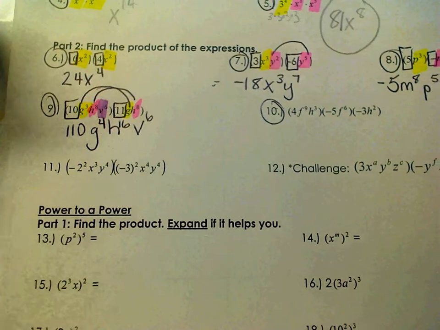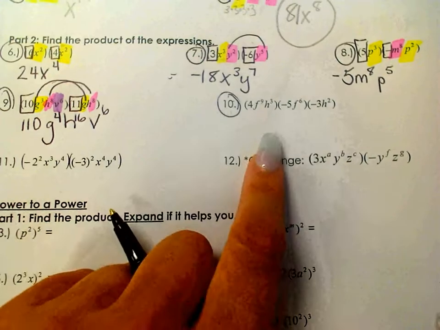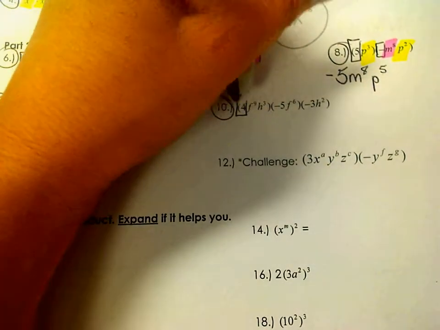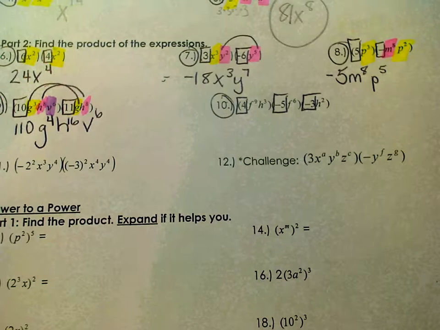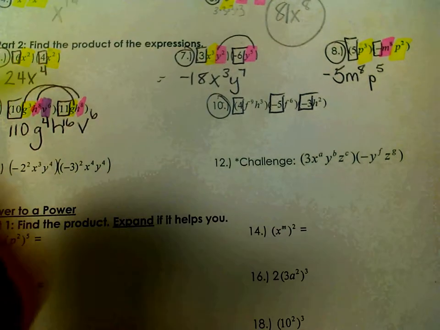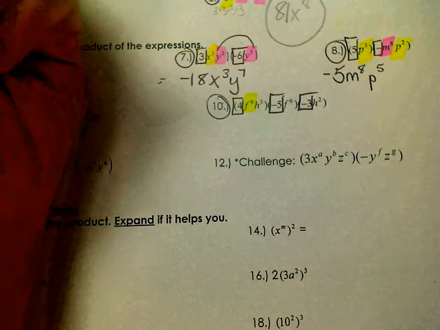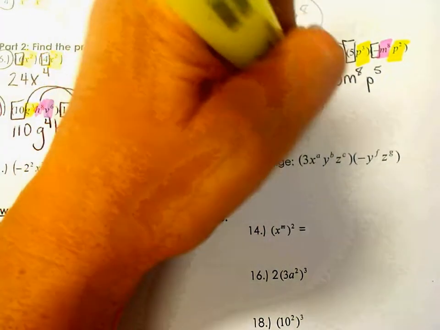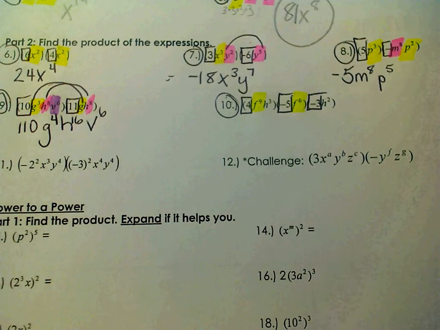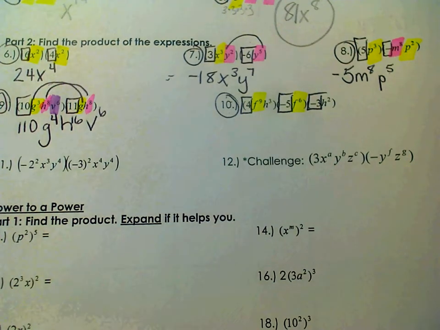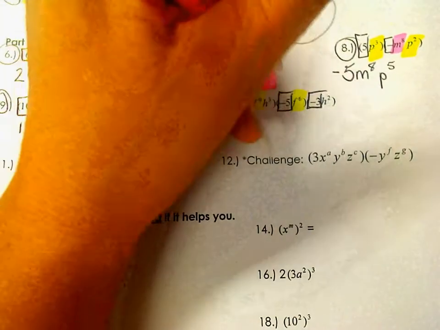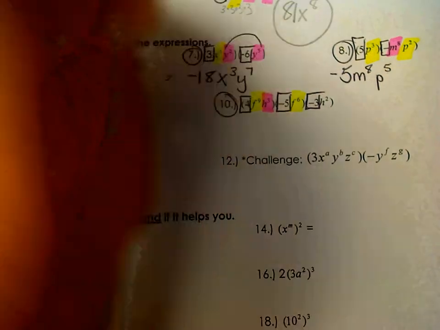Okay, cool. Let's try this one. So we have 4 times negative 5 times negative 3. And we have f to the 9th power. So we have another f here, f to the 6th power. And then we have h to the 3rd power and h to the 2nd power.